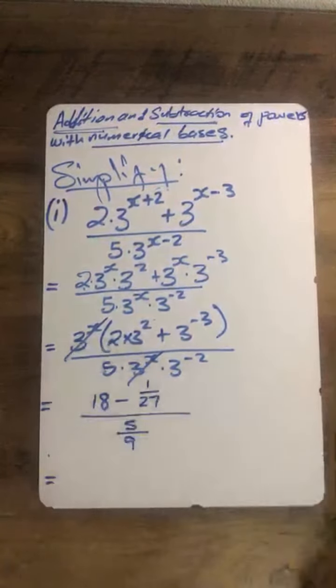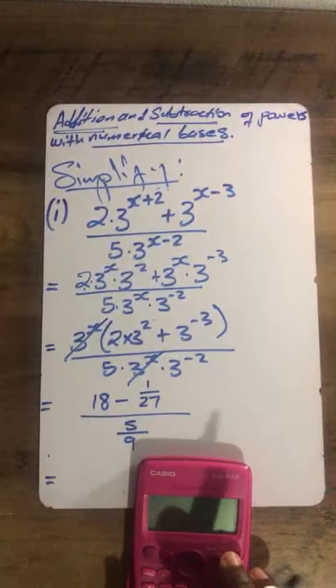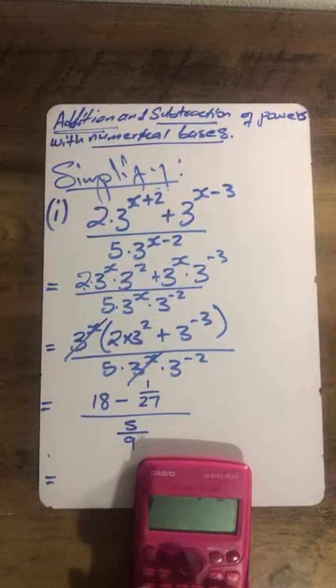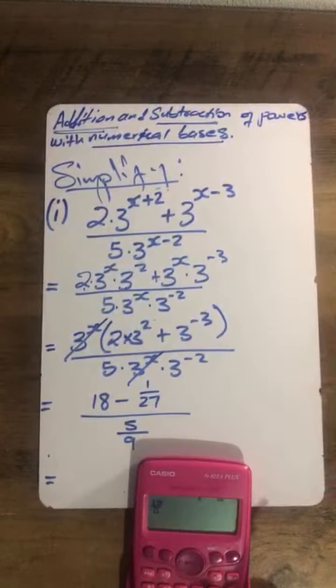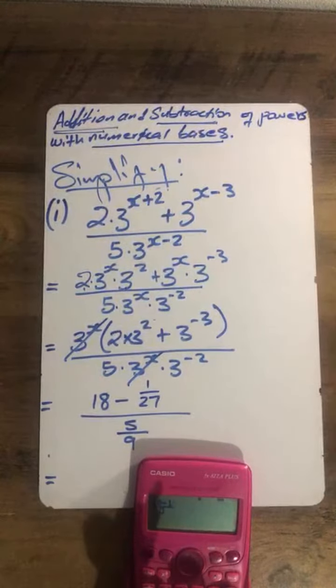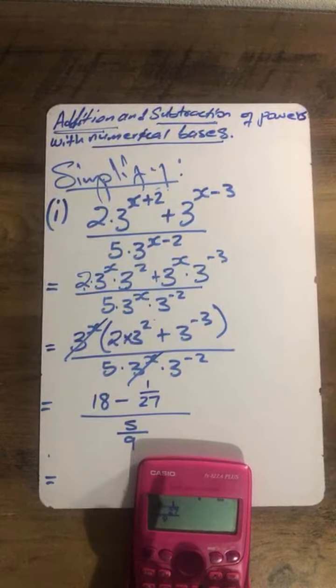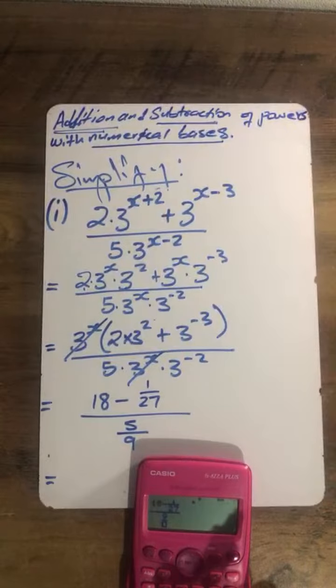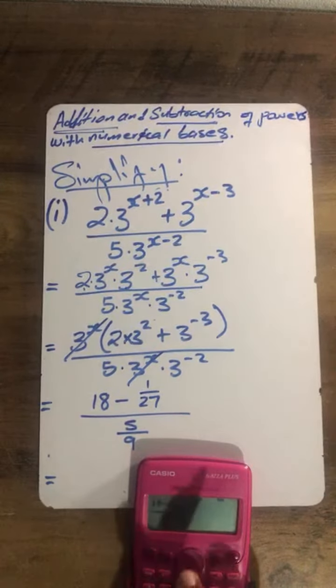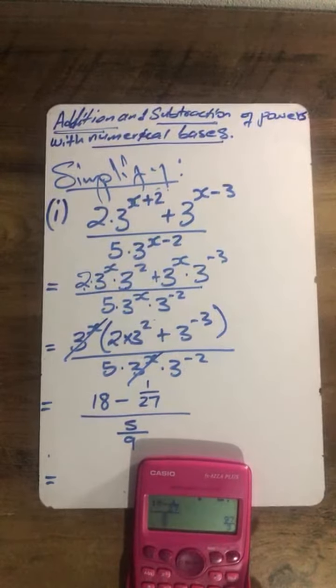So I can just punch all of it. You start with a fraction pattern and say 18 minus 1 over 27, and at the bottom you have 5 over 9. I almost made a big mistake.